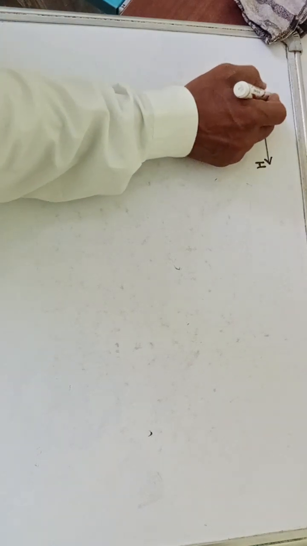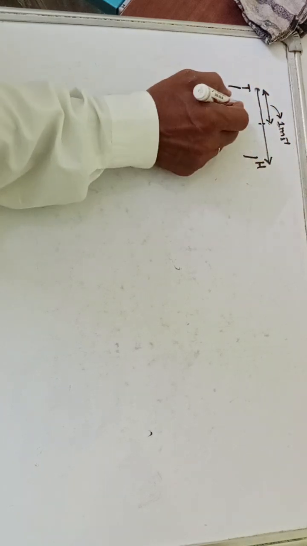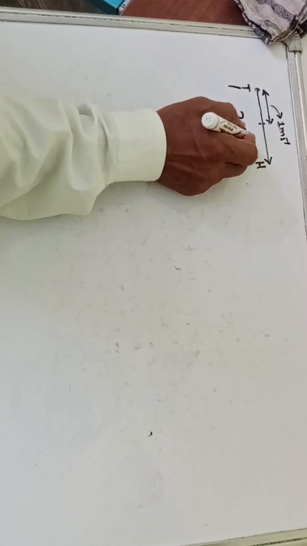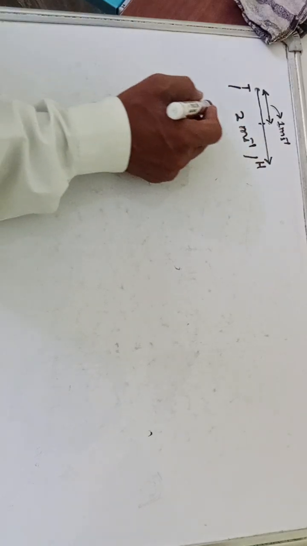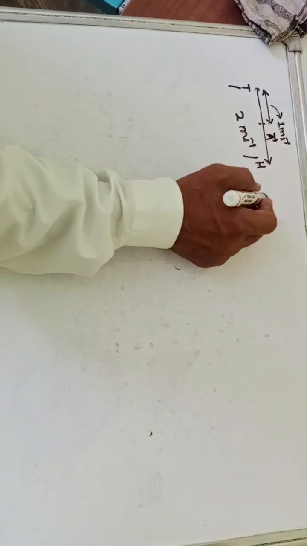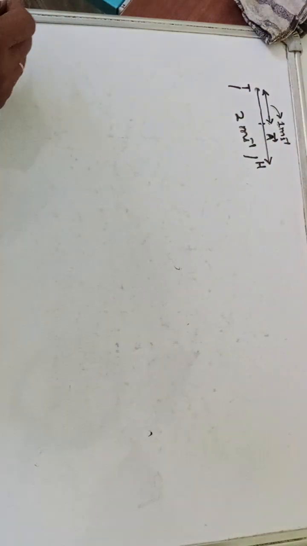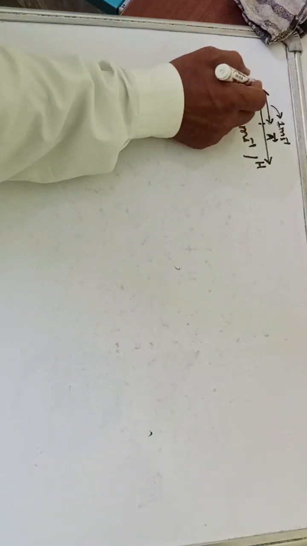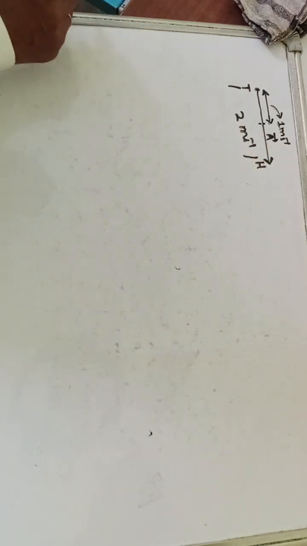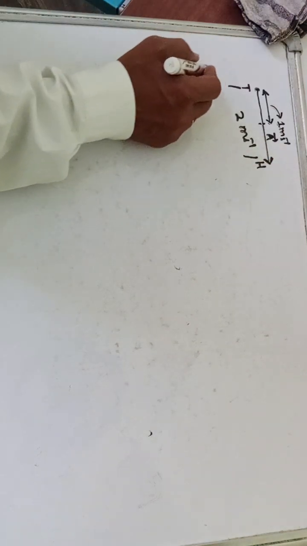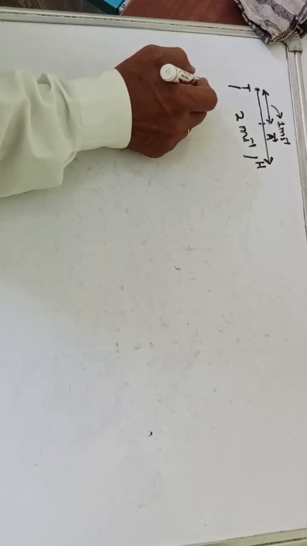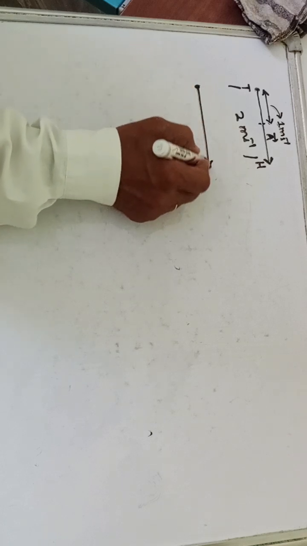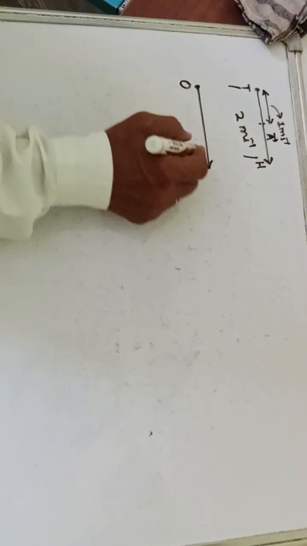If this much length represents 1 meter per second, then double of this length represents 2 meter per second. If this is a vector A, then vector A has magnitude 2 meter per second and the arrow gives its direction. Either we can represent it by giving two letters O and P.